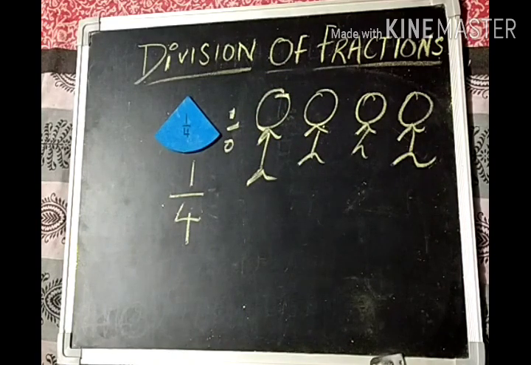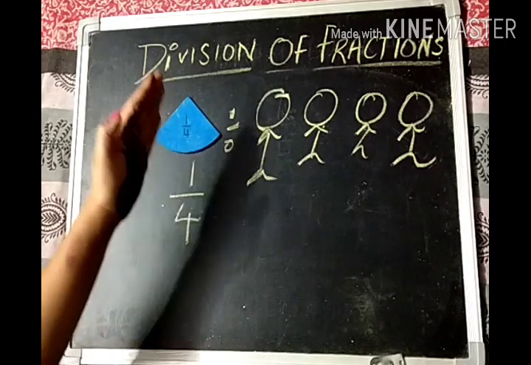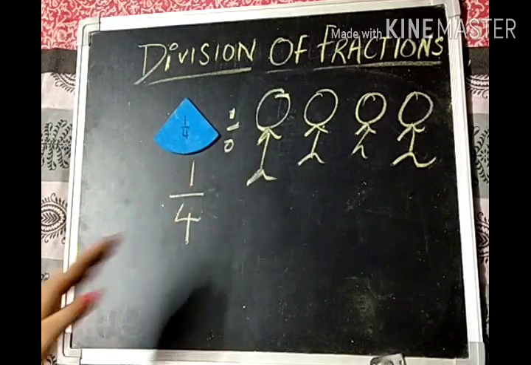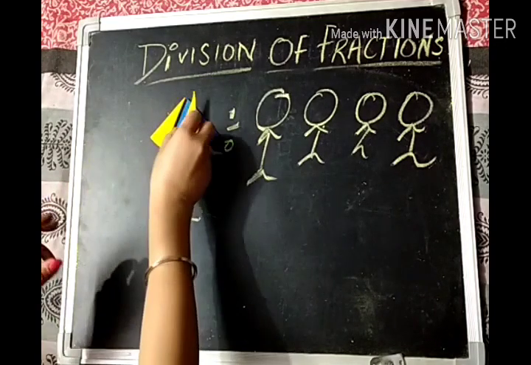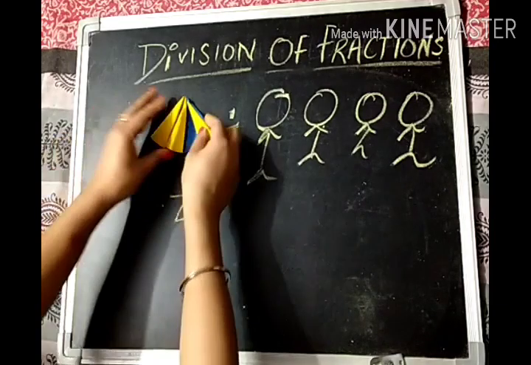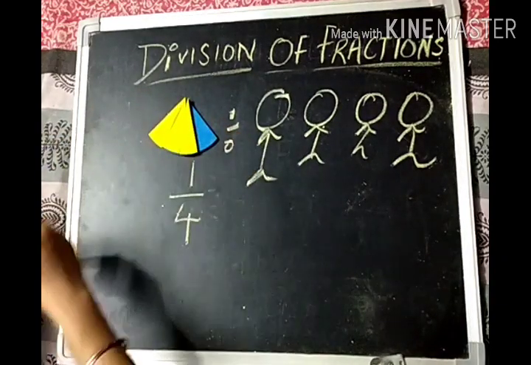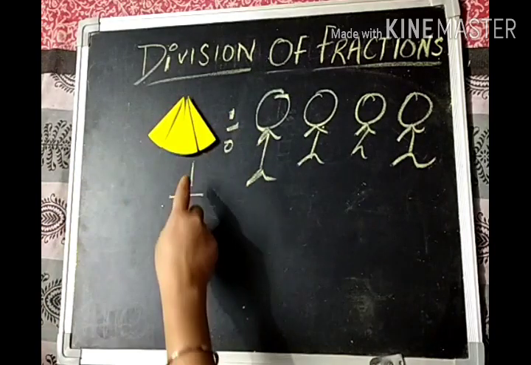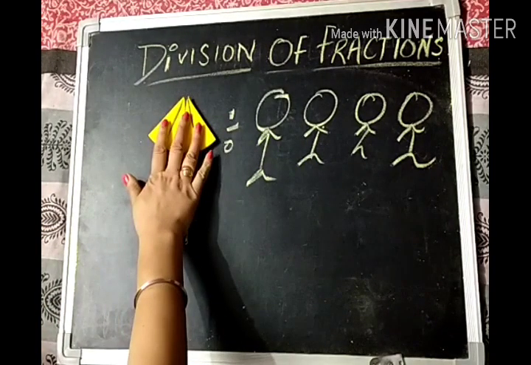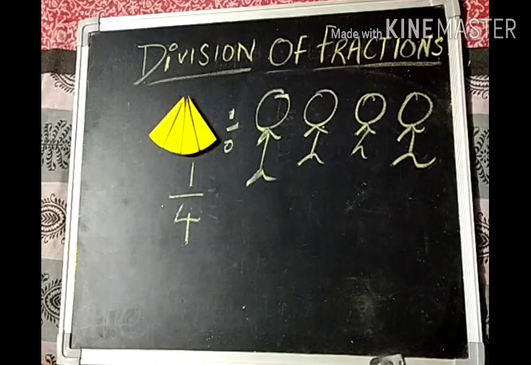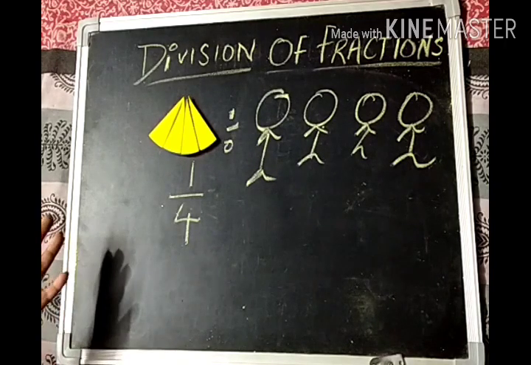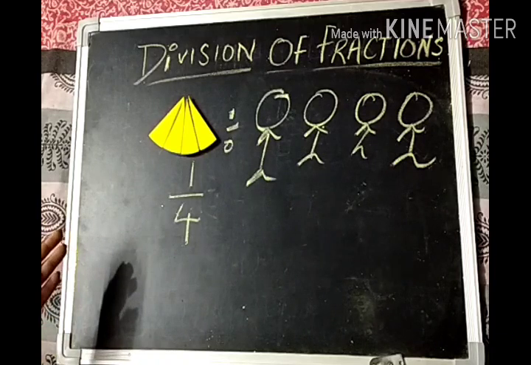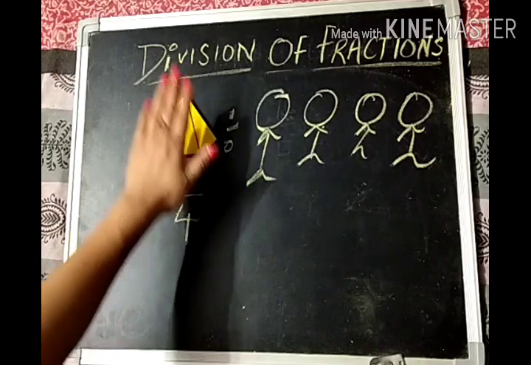How much will each get? How will we come to know what piece size it is? Look, in 1/4 there are 4 pieces. In 2/4 there will be 8. In 3/4 there will be 12. In 4/4 there will be 16. So this is the 16th piece size.